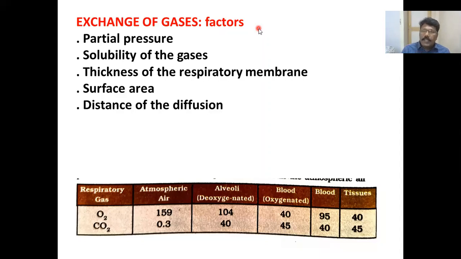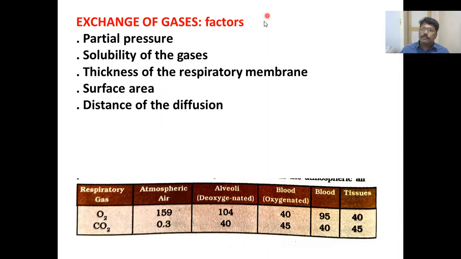It is called external respiration because there is no release of energy during this phase of the exchange of gases. That means in the alveoli, we are not getting any energy liberated or produced by the oxidation of the food materials.